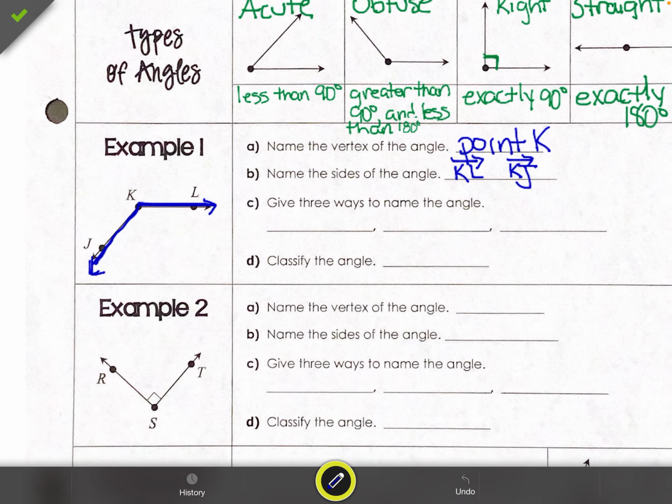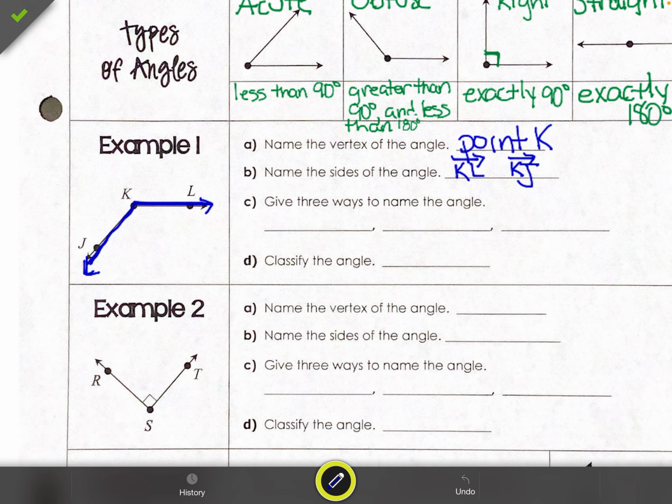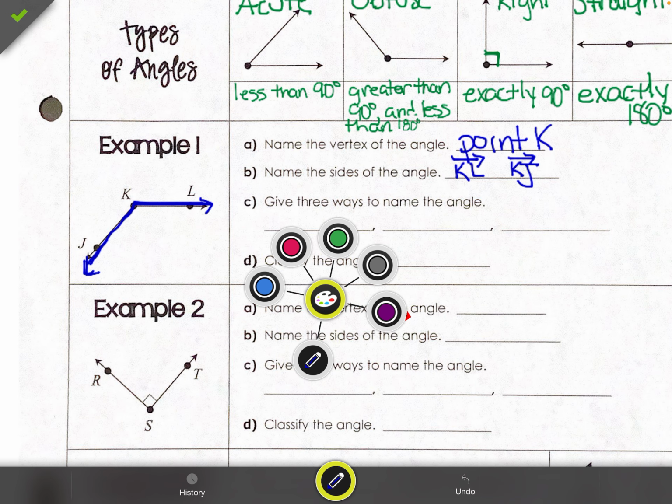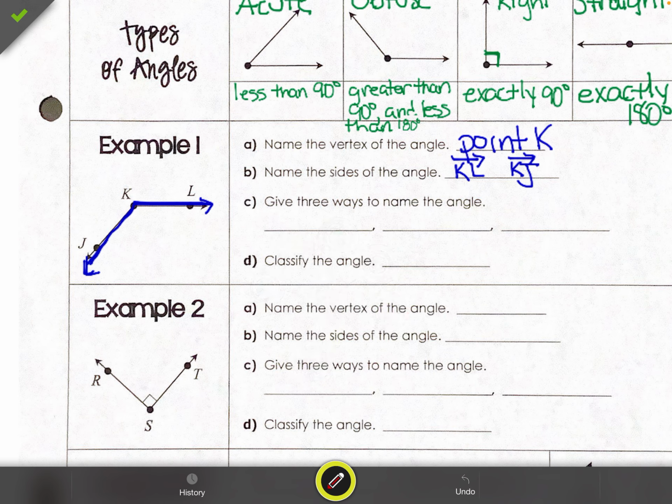All right, so part C says, give 3 ways to name the angle. So here's where you've got to be careful. When you name an angle, you can name it with one letter, which is the vertex. You can name it with the three points on the angle, with the middle letter being your vertex. And sometimes they will have just a number, like a 1, which doesn't have a degree symbol.